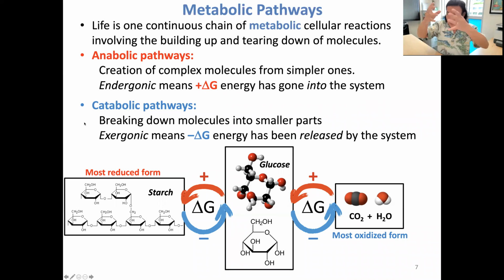Other pathways that are happening simultaneously are catabolic pathways, breaking down molecules into smaller parts, for example, nutrients, right, into small raw materials. And those would be exergonic, meaning they're releasing energy in the process, right, a negative delta G. Let's think about glucose as a starting point here.